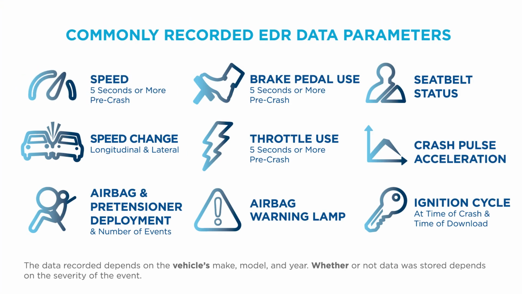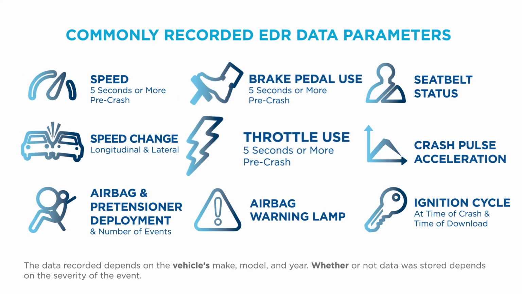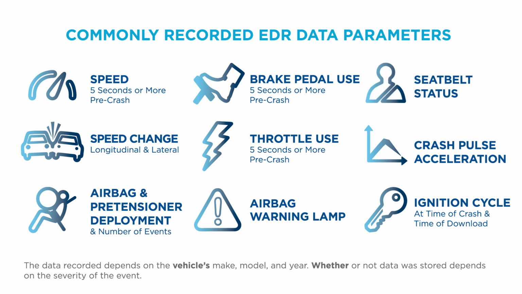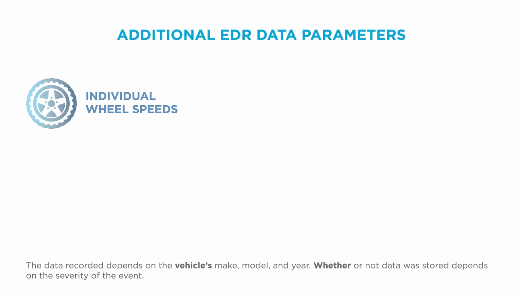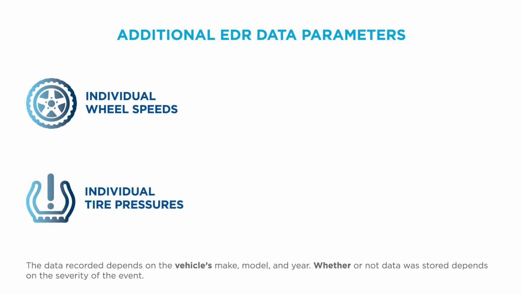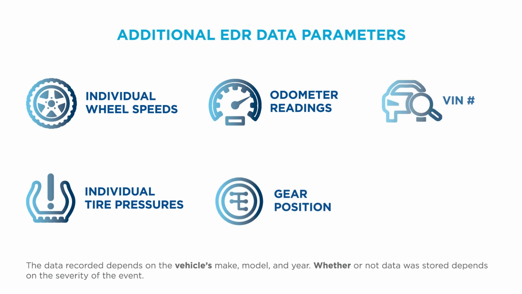As for the type of information that we can get from supported vehicles, it varies greatly based on year, make, and model of the vehicle. But here's what we can usually get from a typical black box: speed, speed change, brake and throttle use, and seatbelt use. Newer vehicles can record even more specific information, such as individual wheel speeds, tire pressures, odometer readings, gear position, VIN number, and steering input.